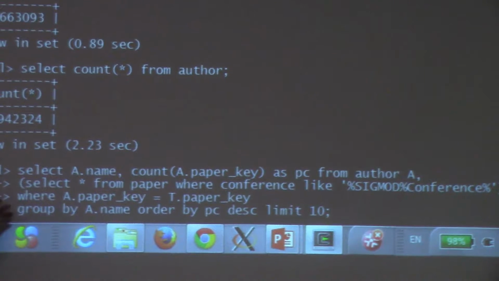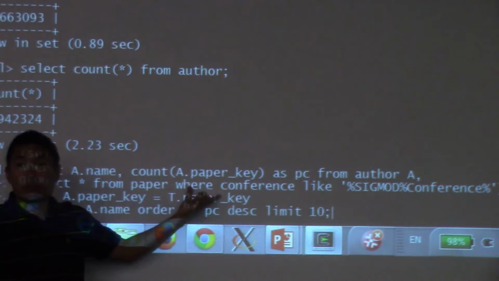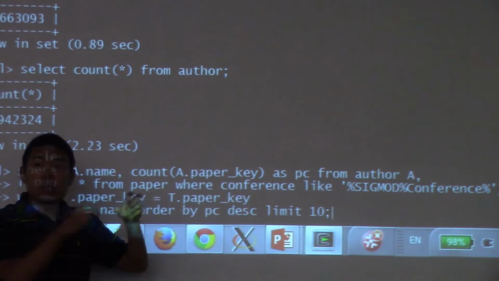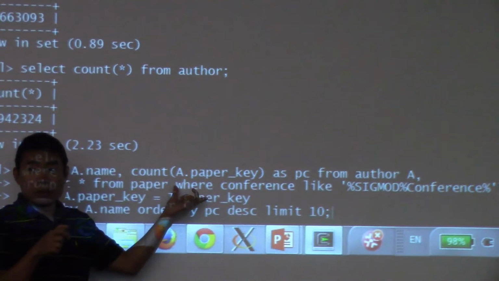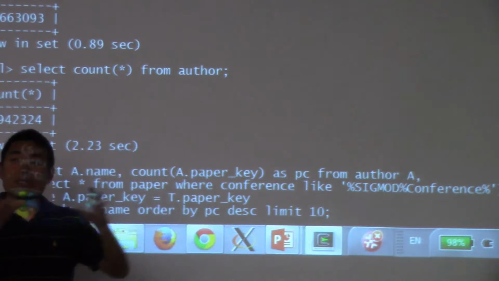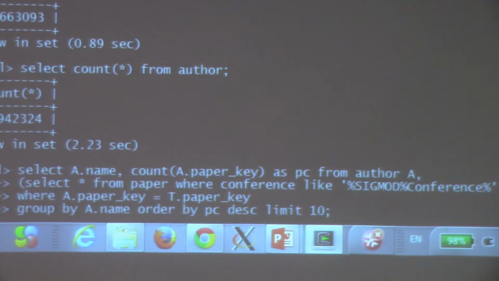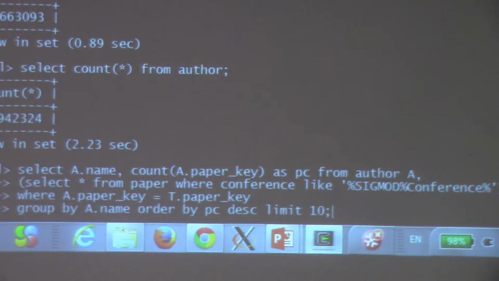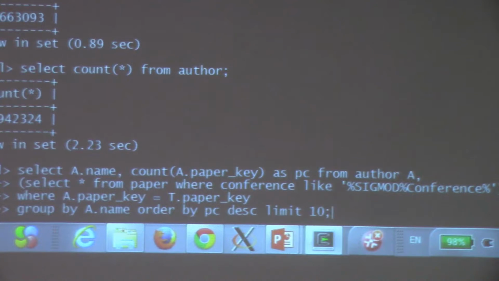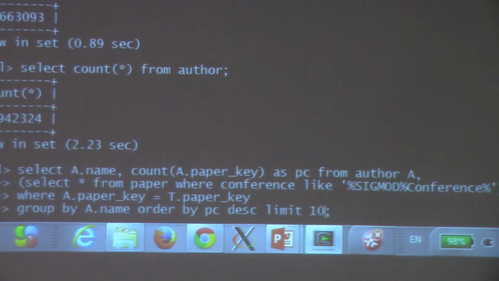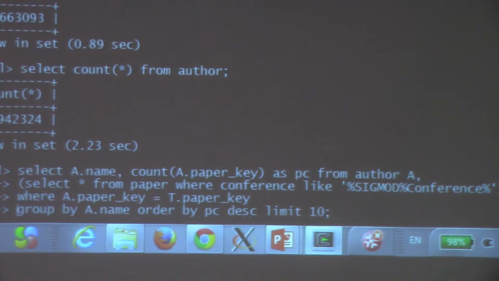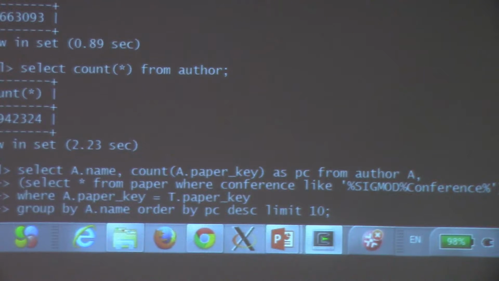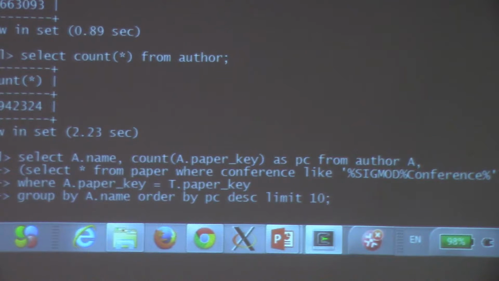So what I'm doing now is, instead of joining author with paper, I filter the paper table first, so that now it only contains papers that are indeed from the Sigmod conference, one of the Sigmod conferences. Then I join them together. Let's see how long this takes.